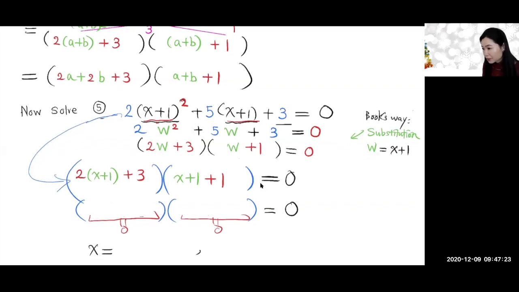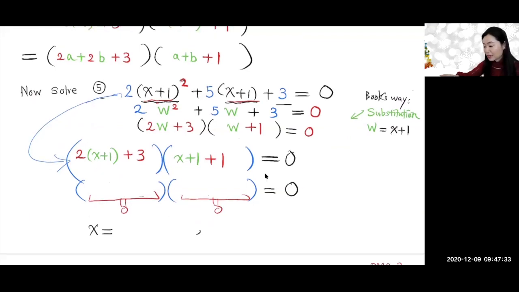Now, for some of you, actually for me, I like to go straight from here to here. Whichever way you feel more comfortable. So I factor this by trial and error. I get to this one over here, right? Now remember we just distribute this.